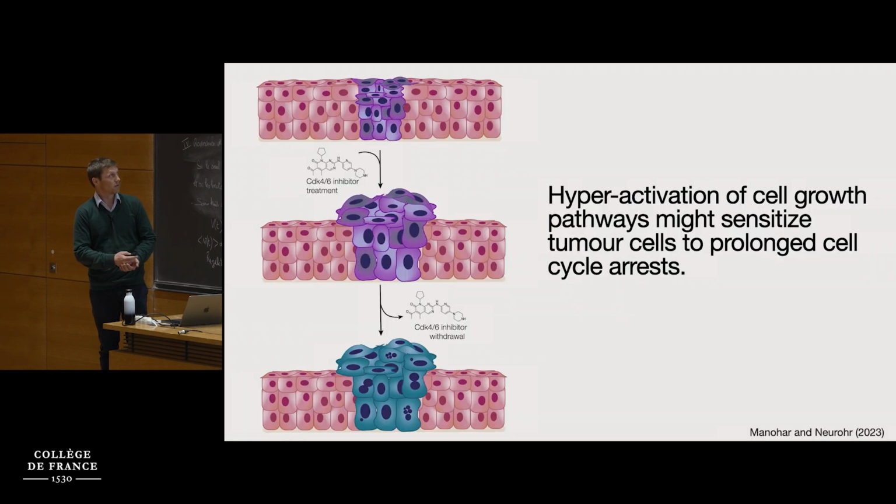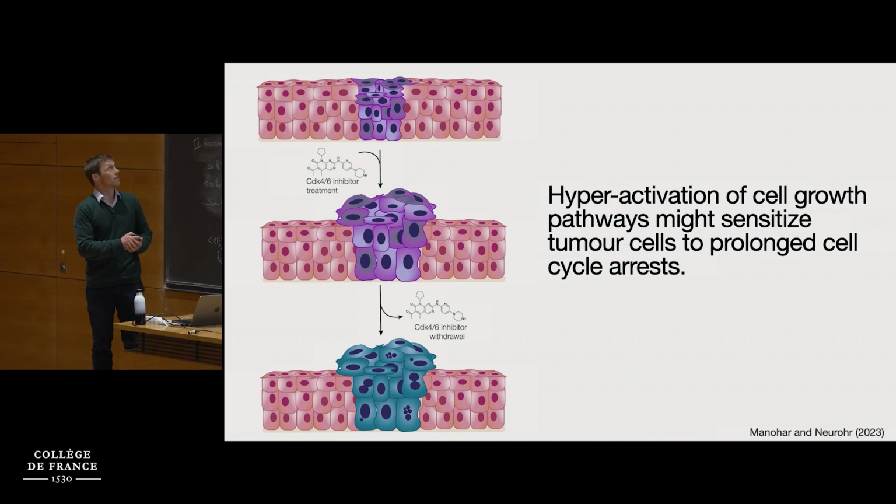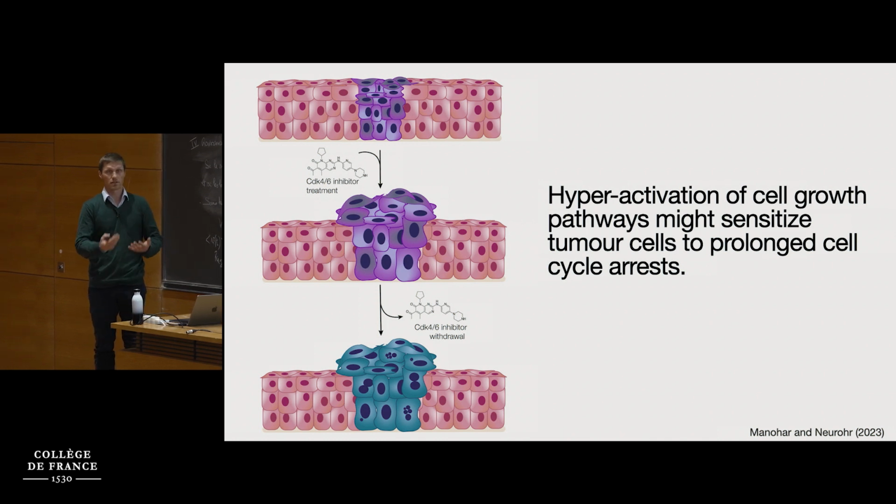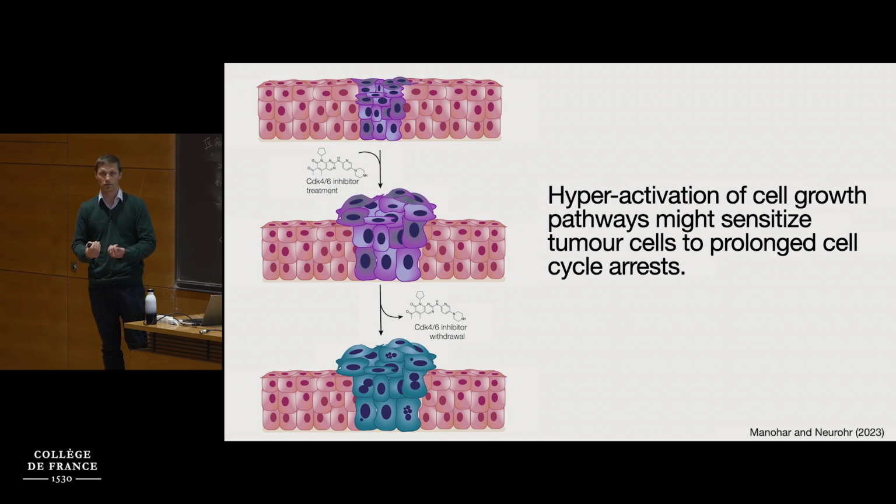And so if you think about cancer cells in a tissue, many cancer cells actually have overcome this contact inhibition which prevents cells from growing. But cancer cells will actually still grow, and so if you prevent cells from dividing, it might be just the cancer cells that continue growing that become big, while cells in the surrounding tissue that are contact inhibited have actually turned off growth regulatory pathways.